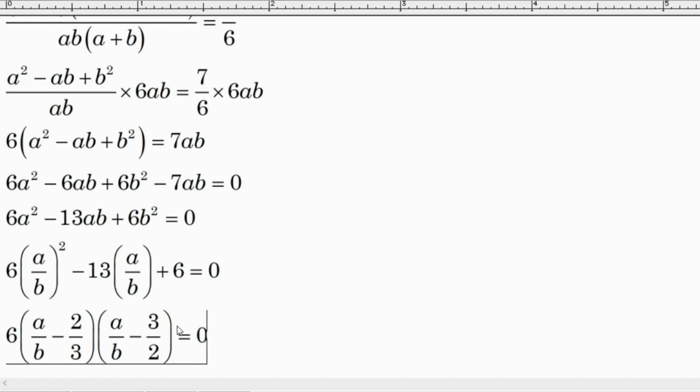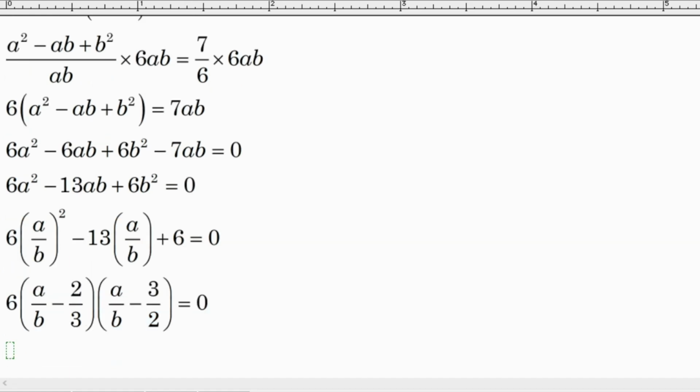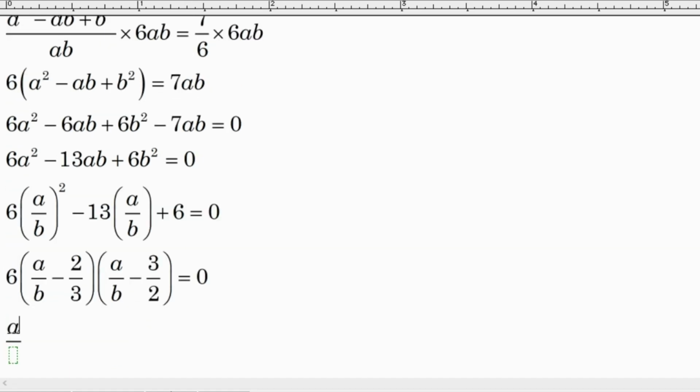Now we have 2 factors which multiply to 0, so either the first piece is equal to 0 or the second piece is equal to 0. So we got a over b minus 2 over 3 is equal to 0, or this factor is equal to 0.